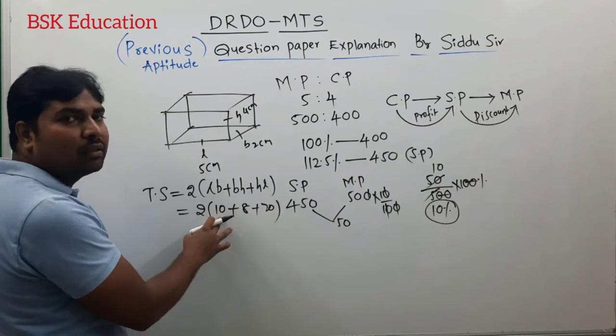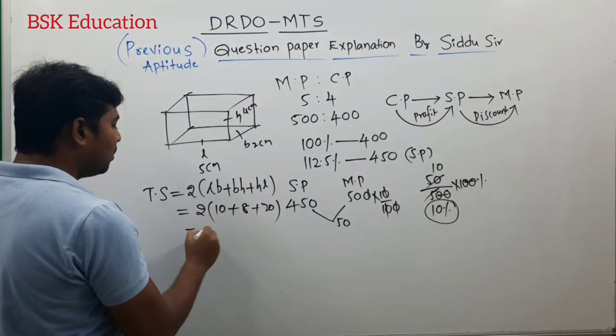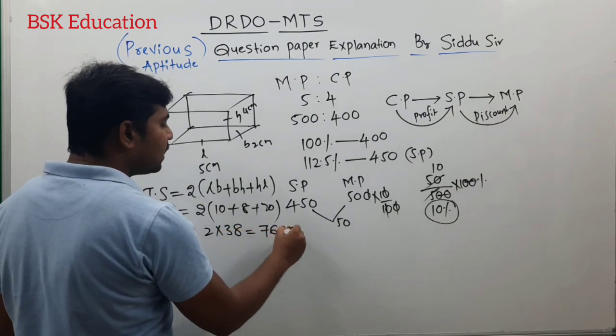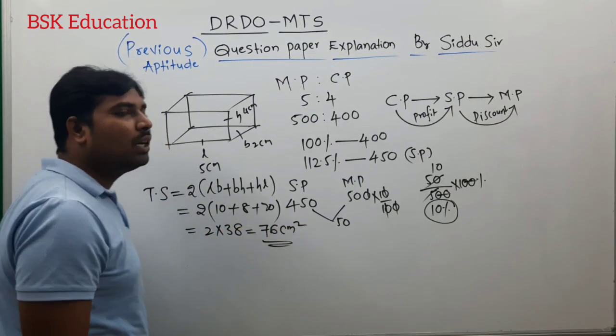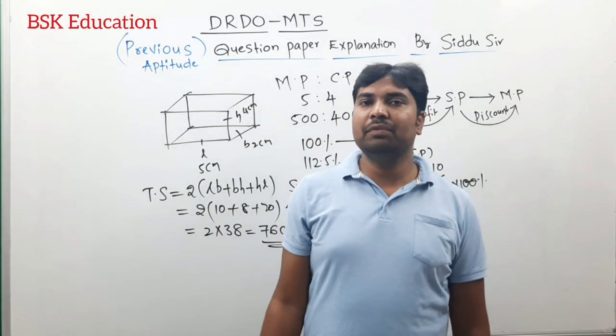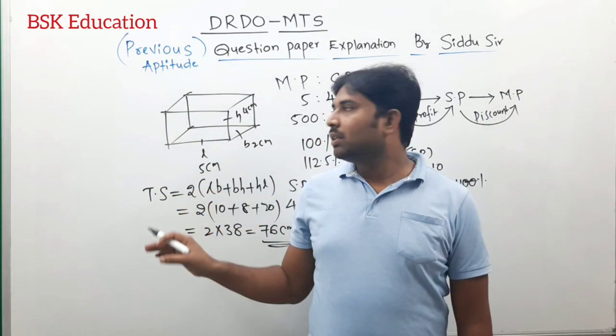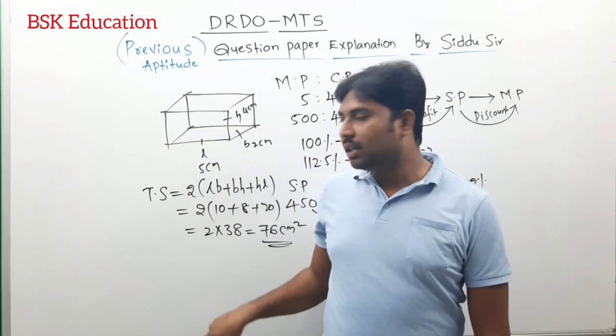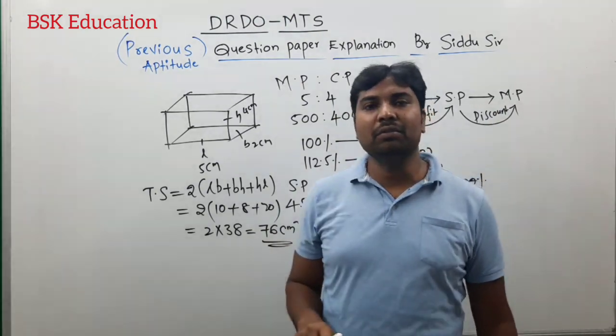So 20 plus 10 is 30, plus 8 is 38. So 2 into 38 is 76 centimeters square. The total surface area of the cuboid with 5 centimeters, 2 centimeters and 4 centimeters is 76 centimeters square.